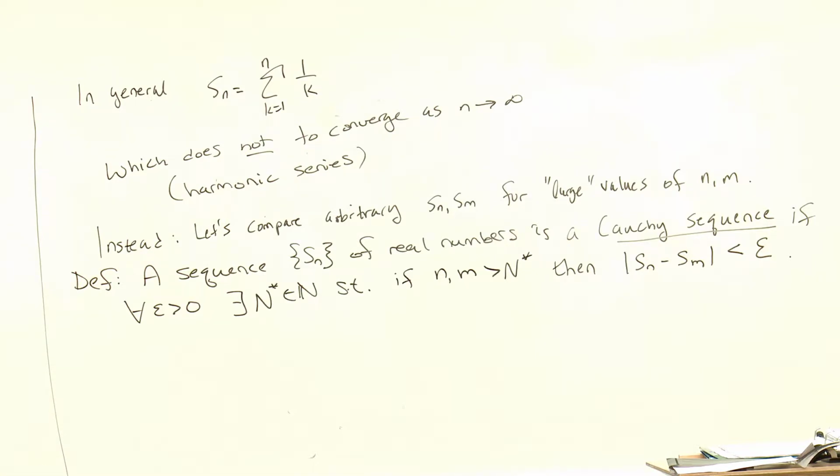Okay, so if we go back to this harmonic series example, Sn was 1 plus a half plus a third all the way down to 1 over n.